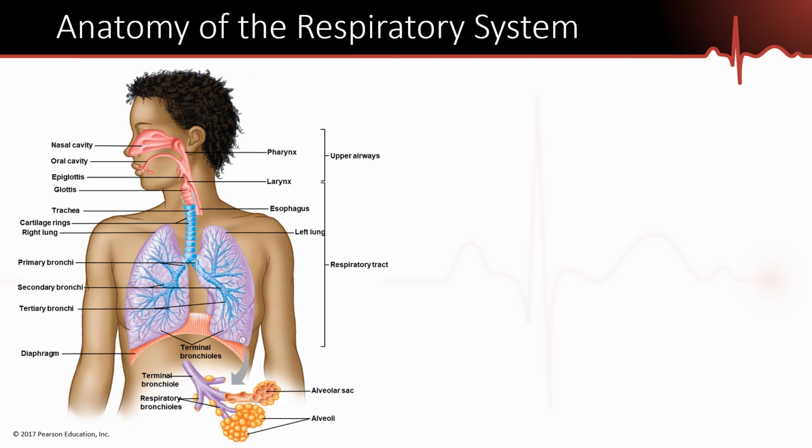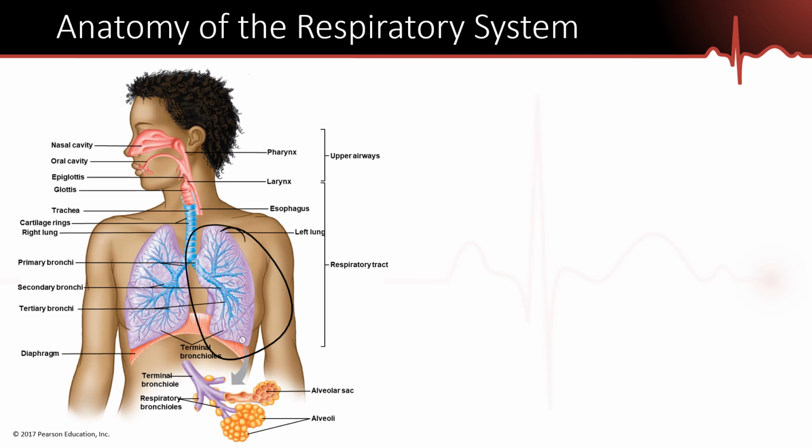Okay, so that tells us something obvious about the left and right lung. If in the left lung, the left primary bronchus branches into two secondary bronchi, and each goes to one lobe, then the left lung has two lobes, right?